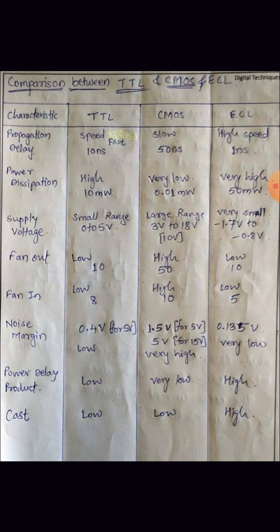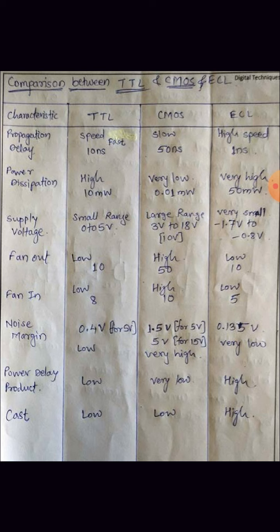Next, CMOS family, and last one is ECL family. TTL stands for transistor transistor logic, CMOS stands for complementary metal oxide semiconductor, and ECL stands for emitter coupled logic.